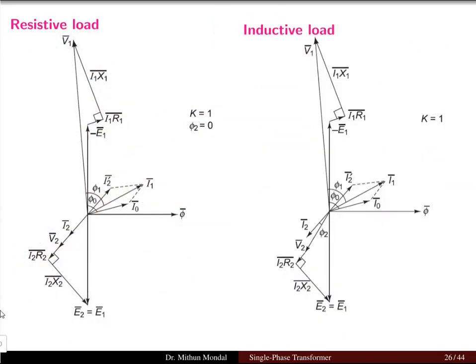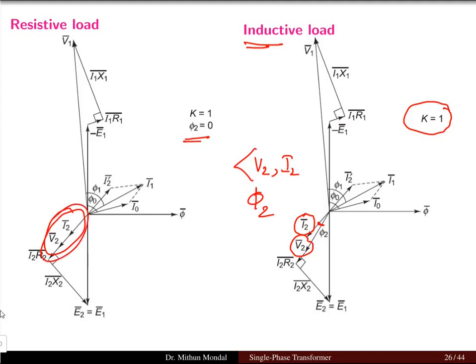The same phasor diagram we can draw for the inductive load under the condition that the transformation ratio is equal to 1. Here phi2 will not be equal to 0. There will be a certain phi2 present as the angle between the voltage V2 and the current I2 because of the inductive load. Here, for the resistive load, there was no phase difference between V2 and I2.